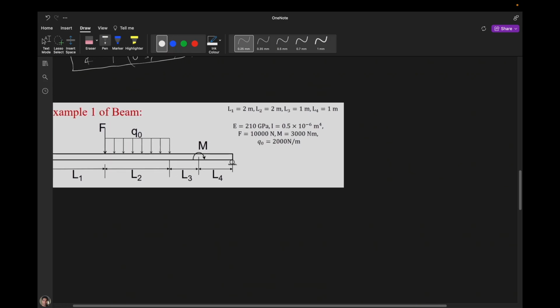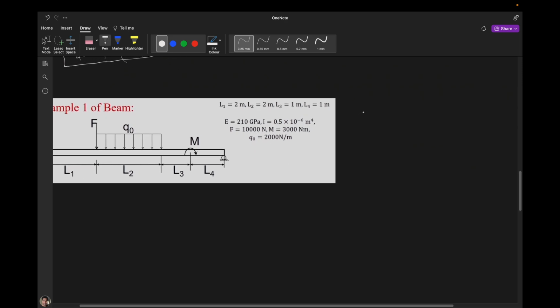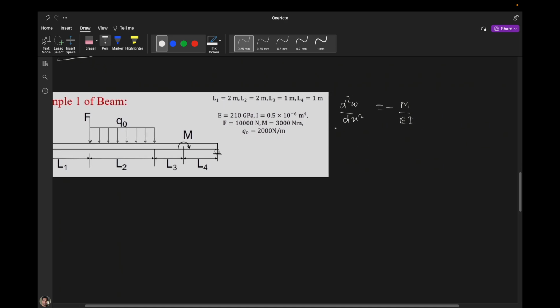We already know that this is the governing equation we use in the beam problem, that is d2w by dx square equal to minus M by EI. So when we move it, we will get M equal to minus EI d2w by dx square.